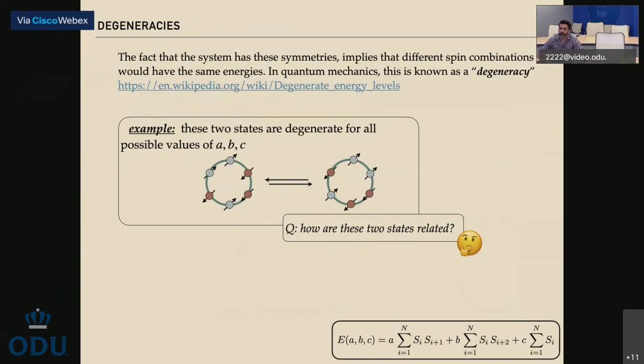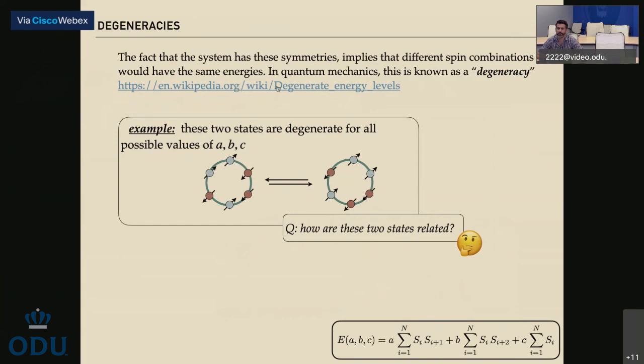And finally, the fact that your system can have some symmetries implies that different spin configurations can have the same energy. This is an important concept introduced in quantum mechanics, known as degeneracy.